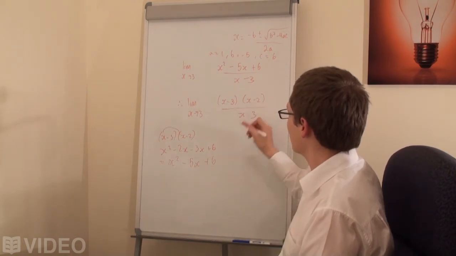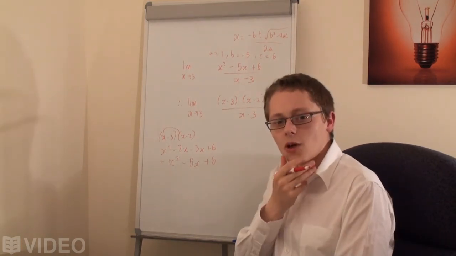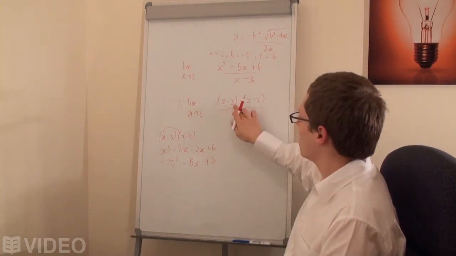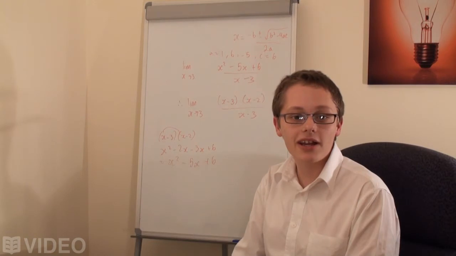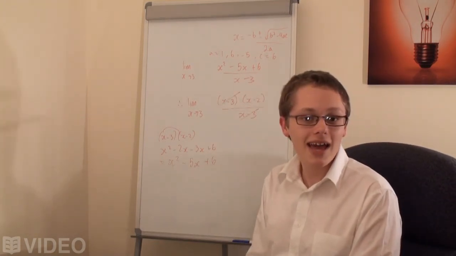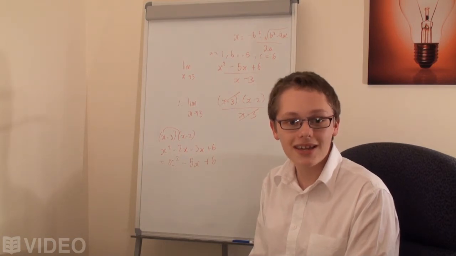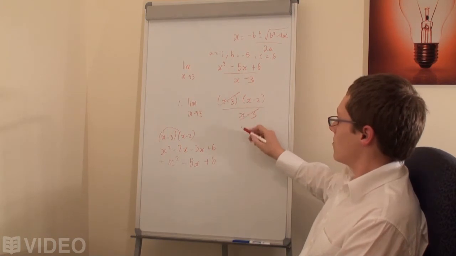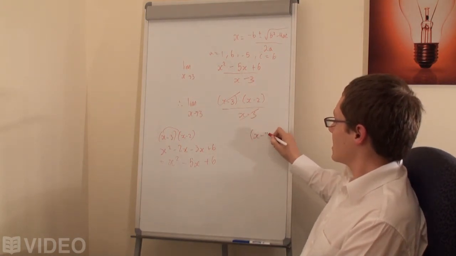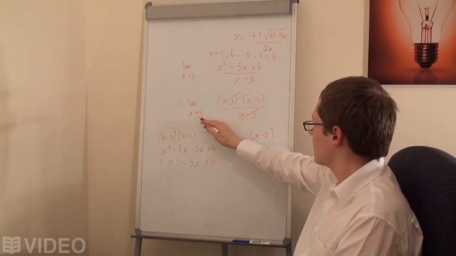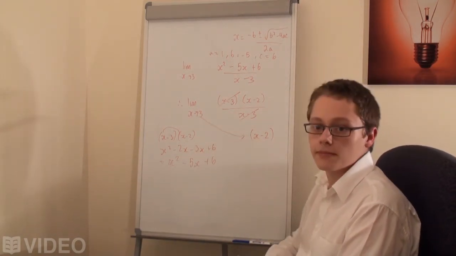All over x take 3. Now hang on, we can do some cancelling here. How can we cancel? Well, we have these two terms multiplied by each other. So that means we can say goodbye to x minus 3. And we're left with an expression that we can calculate. So we have our x take 2 remaining, and we simply substitute the x for 3.